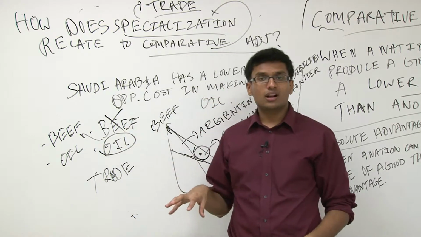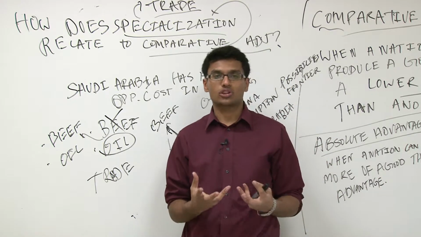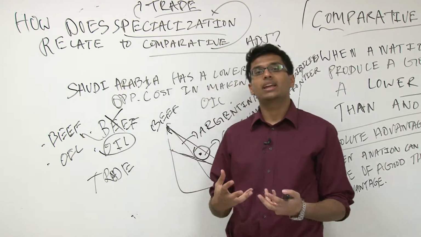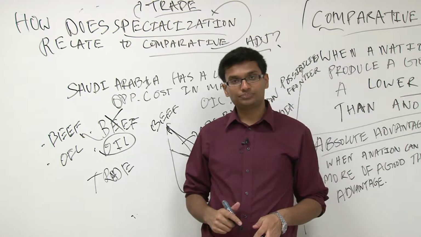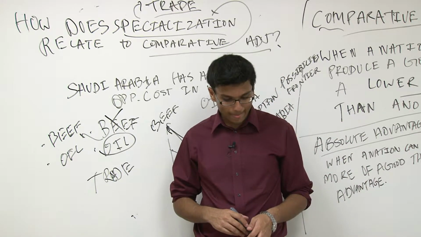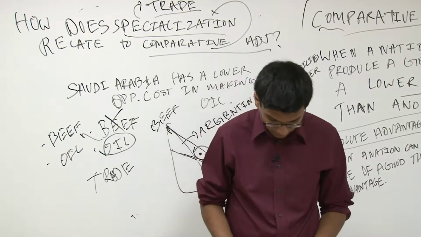So they get to control their costs. So what these two countries do is they take advantage of each other's cost structure, okay? And they use that to their advantage and they consume the amount that they want to consume about the products. Sort of confusing, but very, very important.